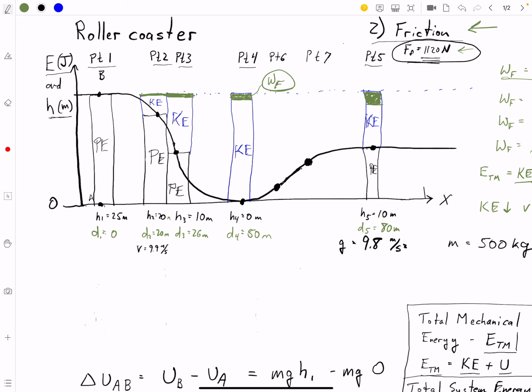So 0.6, what is the height? 3 meters. 0.7, I don't know. It's also d is equal to 60 meters.